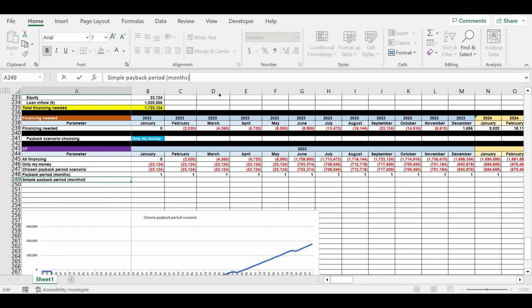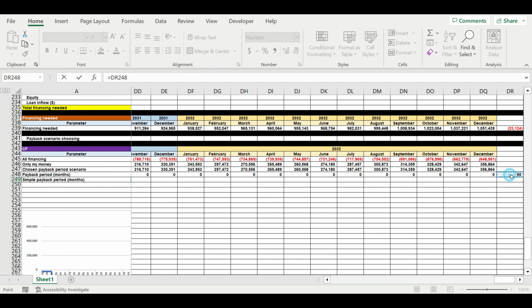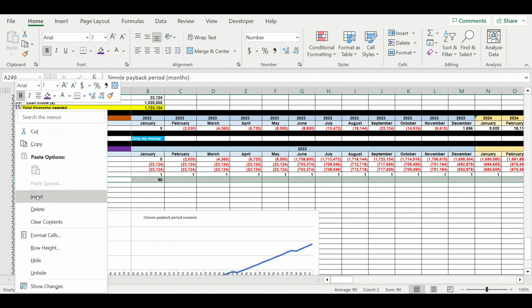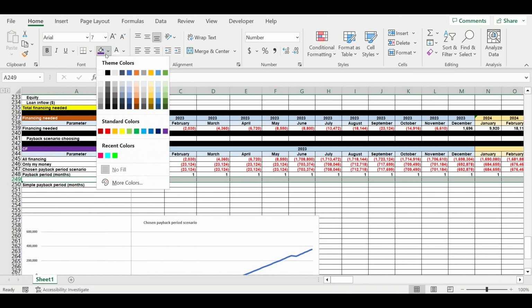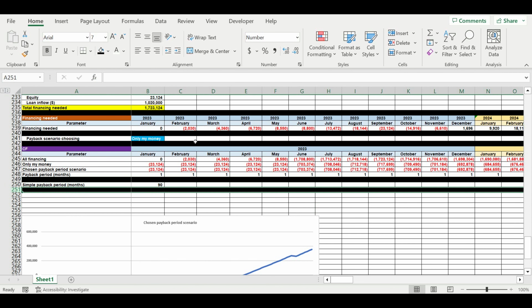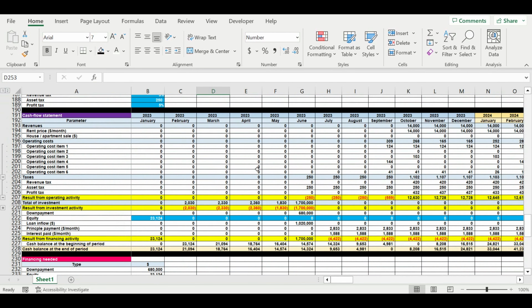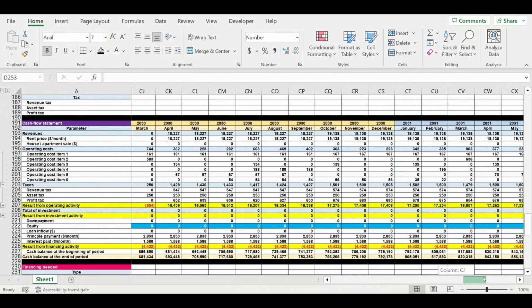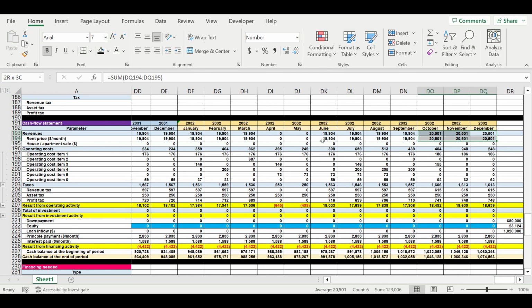I will pull the amount of months closer to the beginning of our model here. And for example, here in this scenario we are looking at a situation when we don't sell the house inside the timeline.